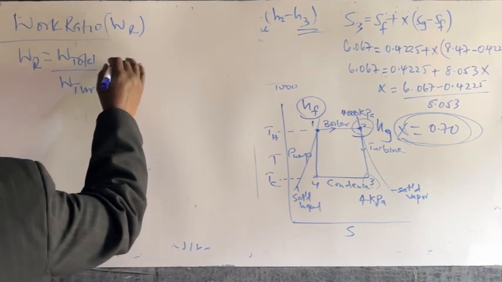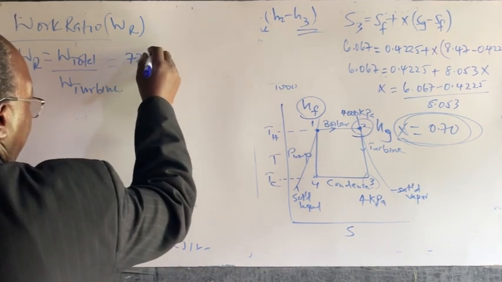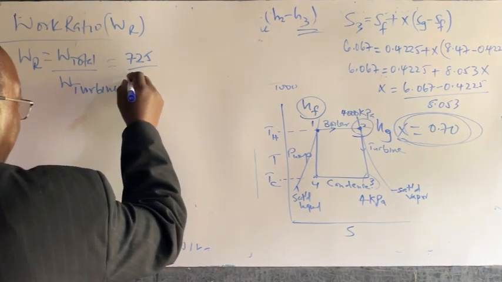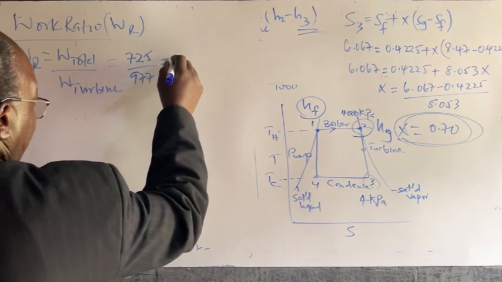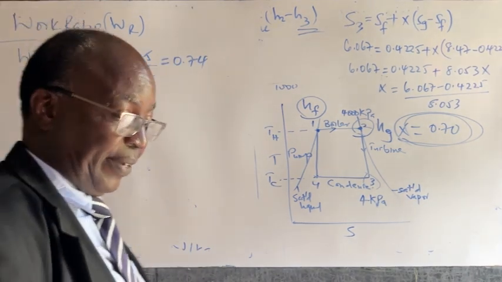From our values that is 725 divided by 977, and so the work ratio is 0.74.